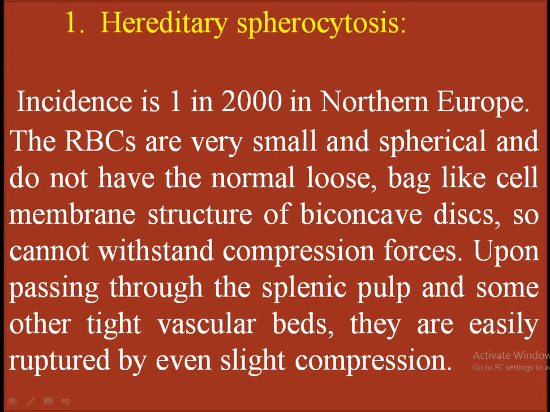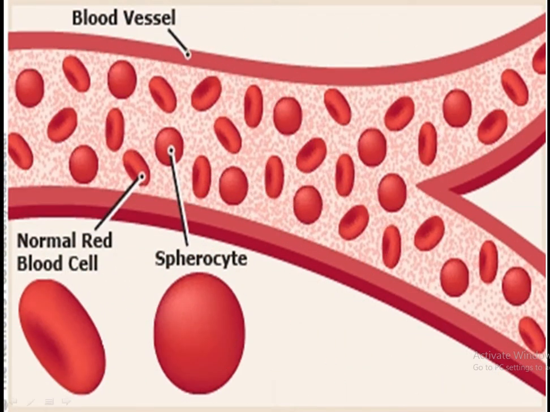So they cannot withstand compression forces, and passing through the splenic pulp and some other tight vascular beds, they are easily ruptured by even slight compression. You can compare the normal RBC with the spherocyte-shaped RBC while passing through the blood vessel. This is the abnormal shaped RBC.